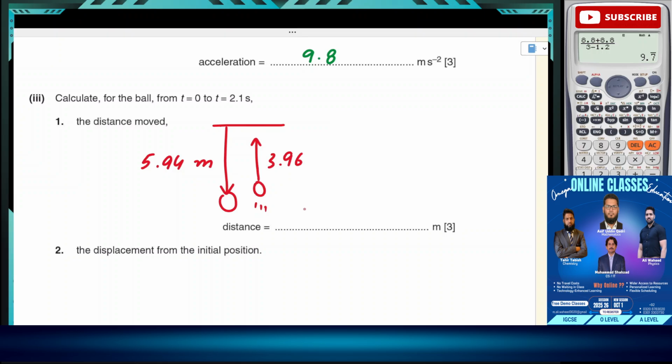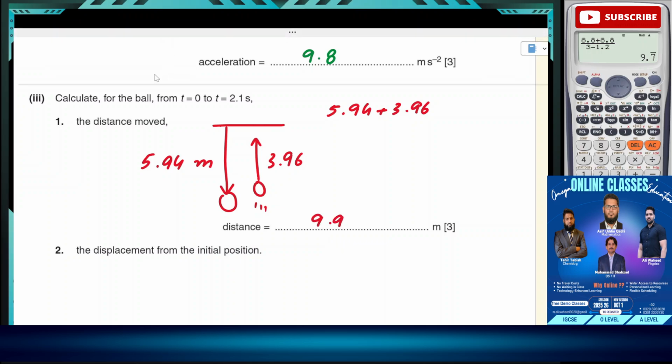But we need to find the total distance. We simply add them. Distance, the values of distances, those are always added, they are never subtracted. So the total distance in 2SF can be 9.9 meters.